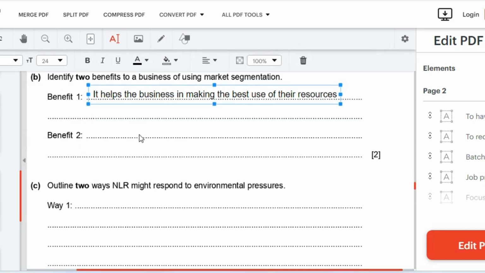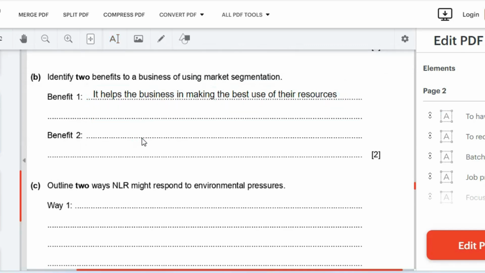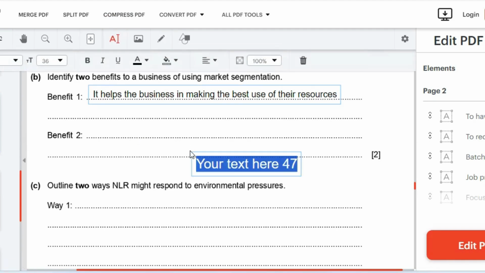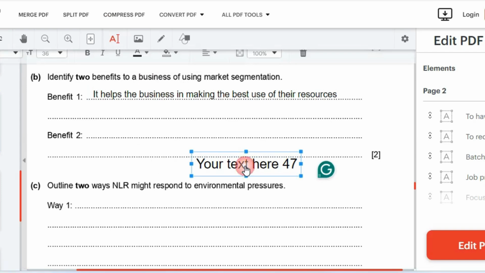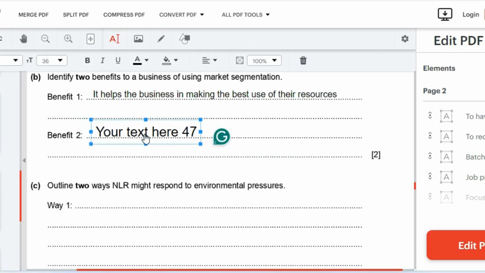Another point here is being able to tailor goods to the specific needs of the relevant segment. That is, to know what to produce. Now let's put the text in for the second benefit.